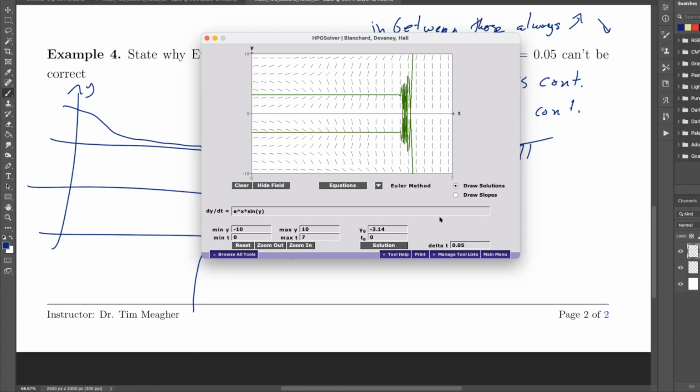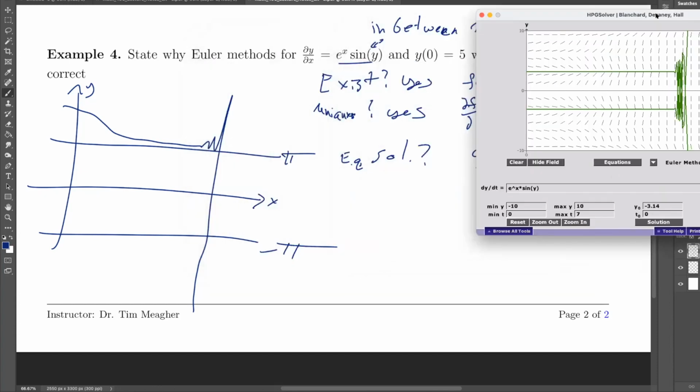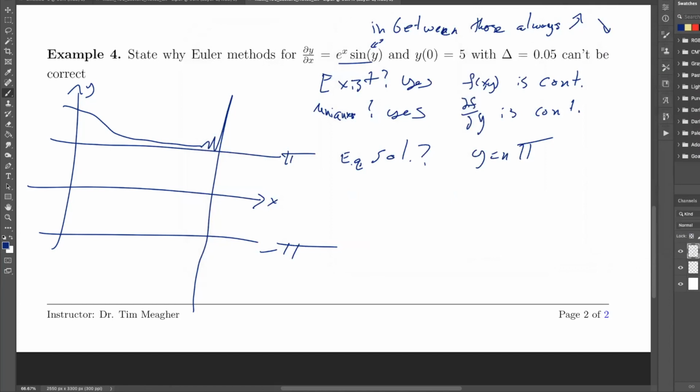So why is the program going silly? What do we call this right here? Does anyone know what we call that? Is this really what's happening, or is the computer lying to us? And the answer is the computer is lying to us. It doesn't know it is, but it is.